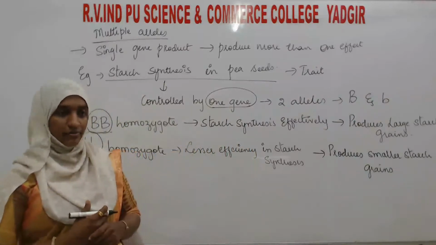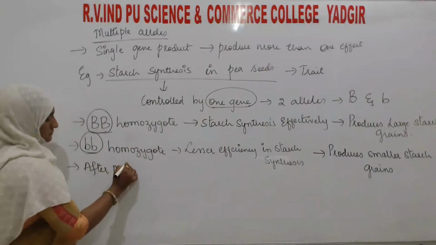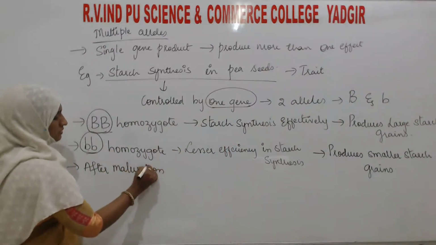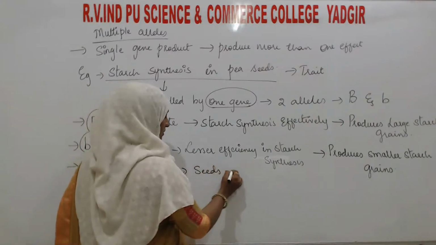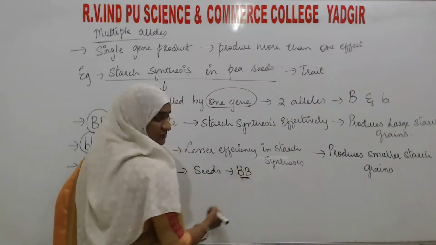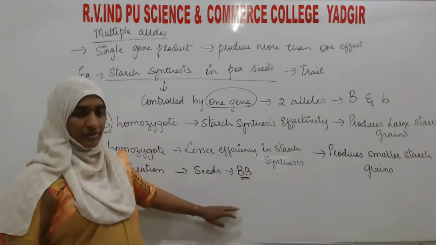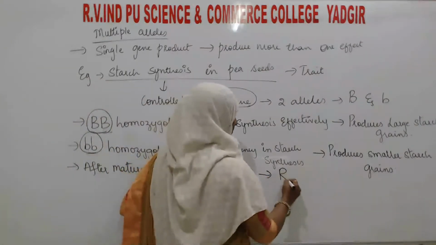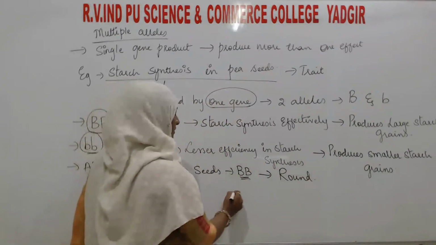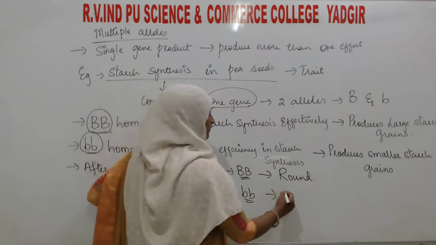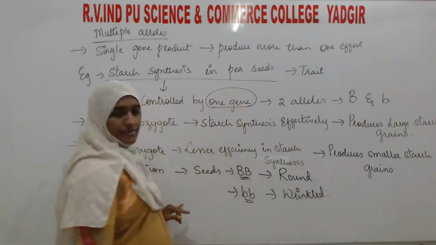After maturation, what happens? The seeds with the capital B genes will be the round ones, and the seeds with the small b will be the wrinkled ones.